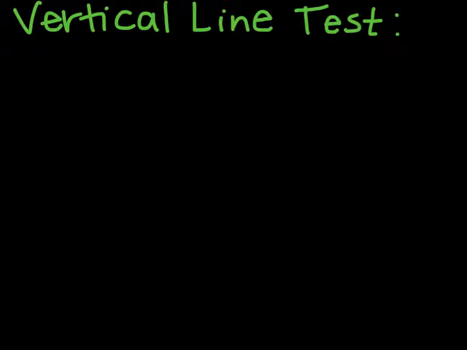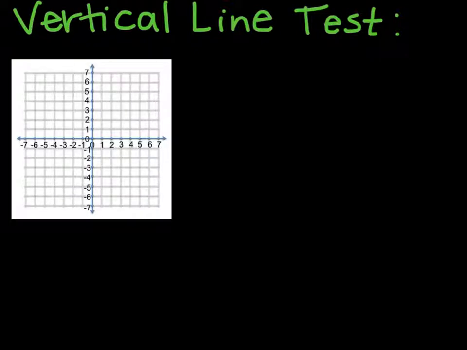If you cannot place a vertical line on the graph that passes through more than one point, the relation is a function.